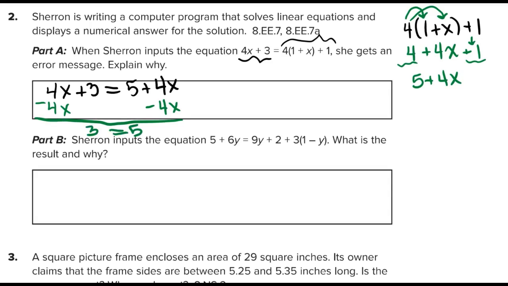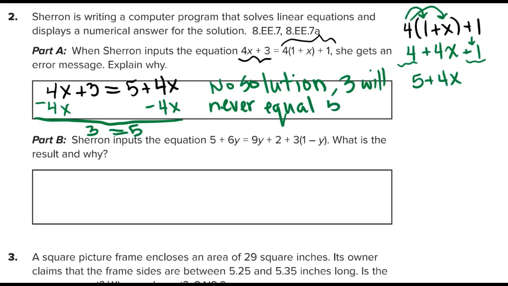No. So the reason she's getting an error message is because this equation has no solution, because 3 is never going to equal 5. Okay, so that should take care of part A.